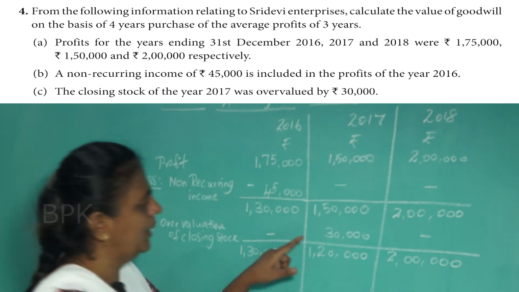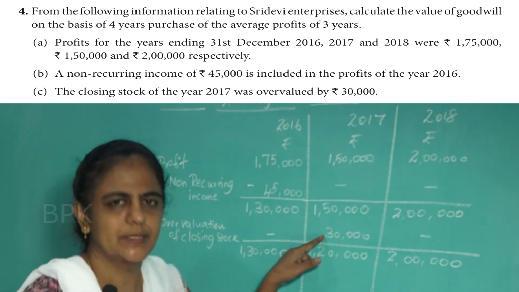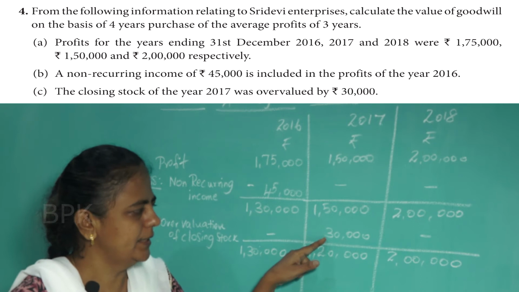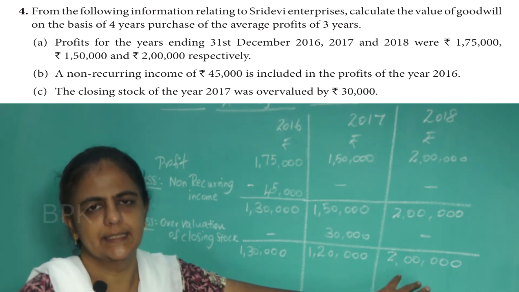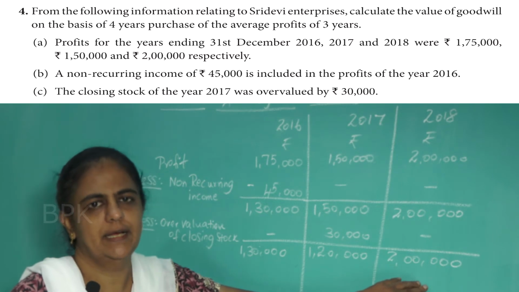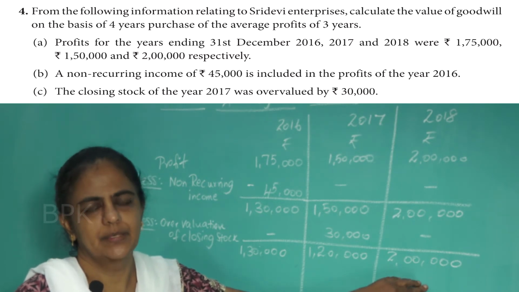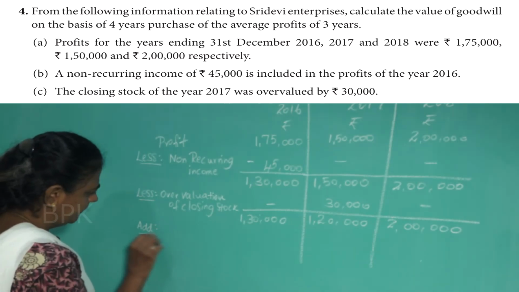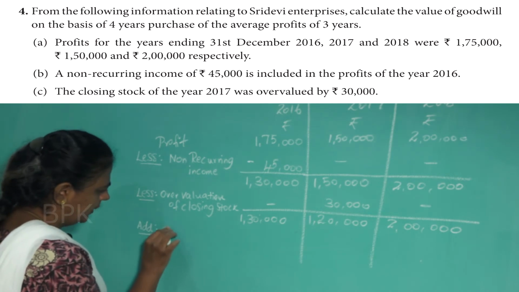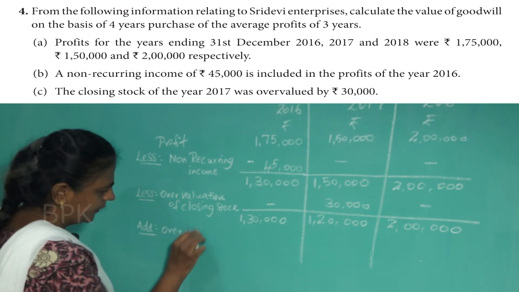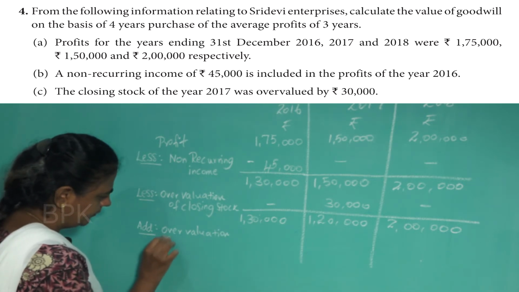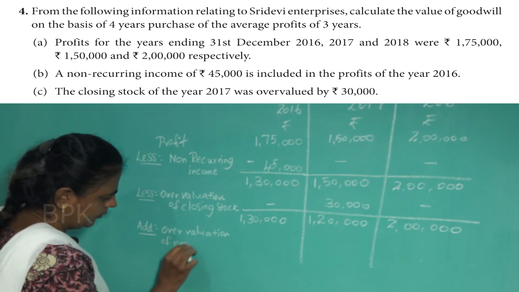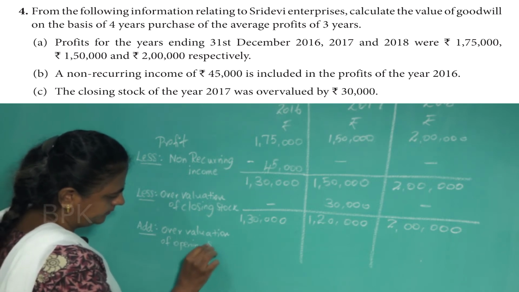Now this overvaluation of closing stock for the year 2017 will be the opening stock for the next year, 2018. So when it is opening stock, what you have to do? You have to add overvaluation of opening stock.